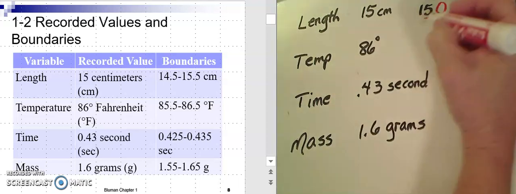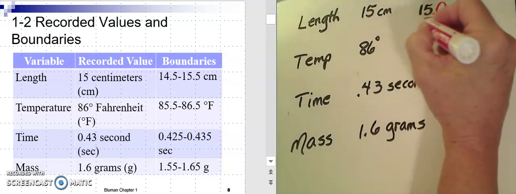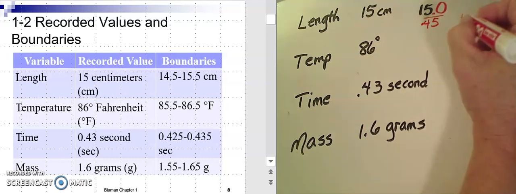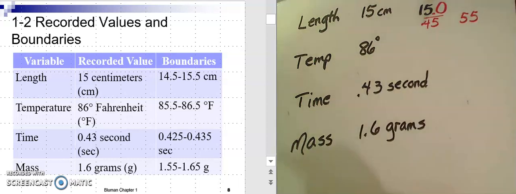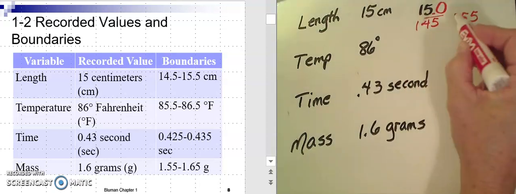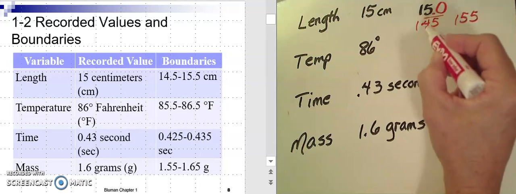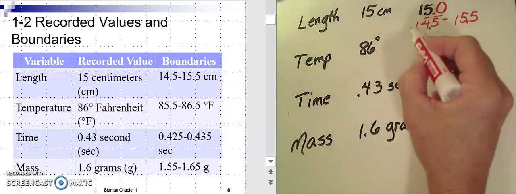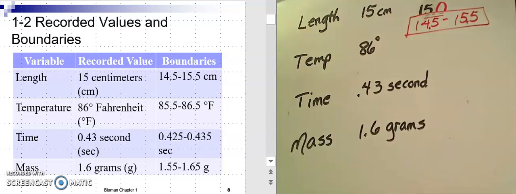Well, it lies between 45 and 55. Then go back and put in your decimal point and other digits, like bring down your 1 in front of both of those, and then your decimal point. So these are the boundaries, 14.5 to 15.5. That little technique will work if you want to try to use it if you're having trouble.